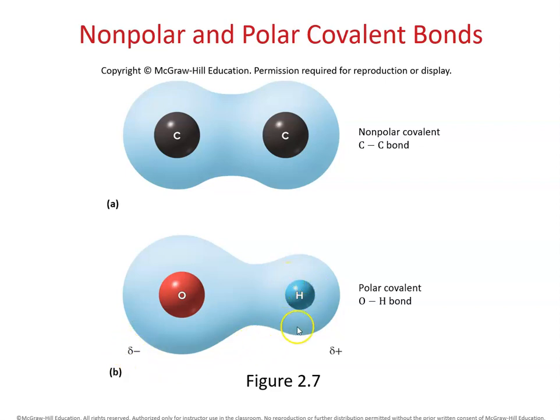Over here, the hydrogen, with its lower electronegativity, is less able to hold on to the electrons, so the electrons are going to tend to be over there. Electrons are negative, so over here we're going to have a partial positive charge. Okay, so this is a polar covalent bond. The molecule has two poles, a positive pole and a negative pole. The electrons are not being transferred completely, but the electrons do tend to hang out in one place as opposed to another place.